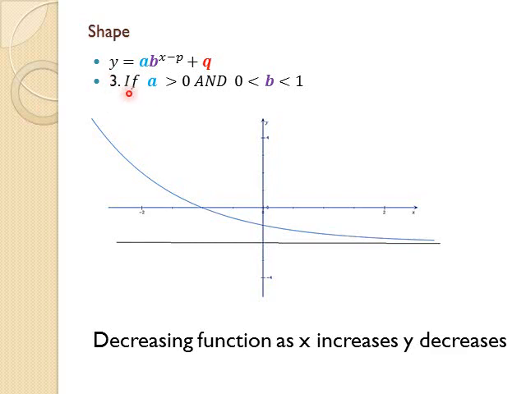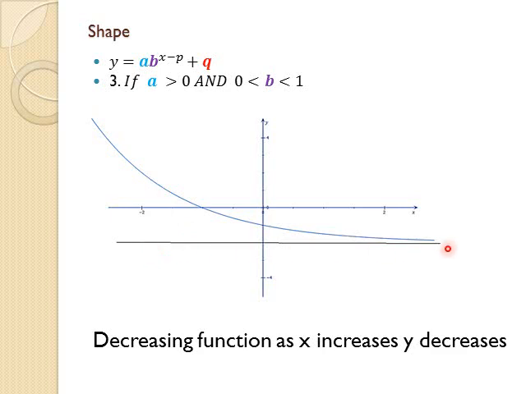Alright, we look at the third one. Now a is positive, but b is now a fraction, meaning b is less than 1 but greater than 0. So half, a third, right, etc. falls in between 0 and 1. So we have that. The graph would then start from the left and decrease into the right. Right?